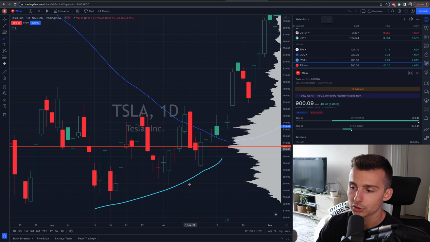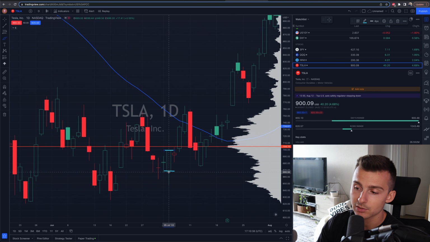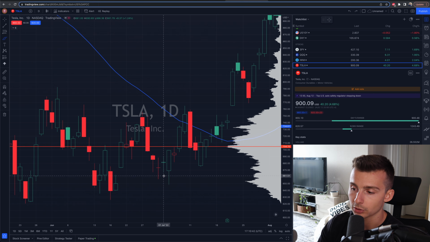Now, a bullish engulfing is when you have the opening of a candle and the close of a candle that completely engulfs the prior candle or the prior candles that we've been seeing. And in this case, we pretty much had that. So you had this day right here on July 1st, this little guy right here, which was actually kind of a doji candle.